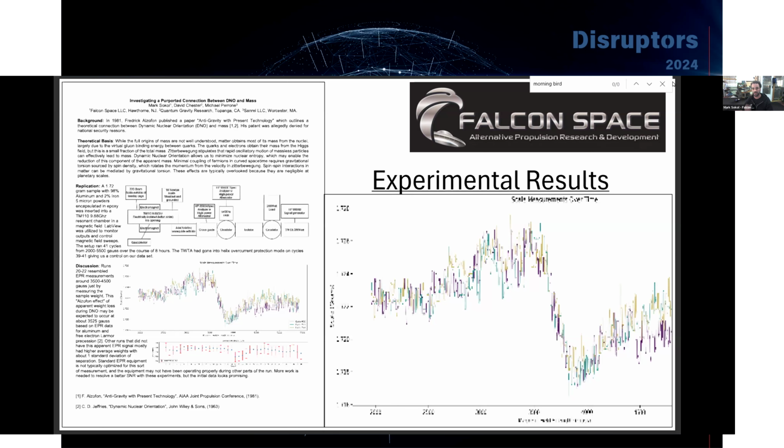That represents the weight of the sample over 3 consecutive runs superimposed on top of each other. So there's a clear signal being seen here. It's not very strong, about 0.75% of the total mass of the sample, and it's happening right around the Larmor frequency, or the gyromagnetic ratio. That's where this effect is expected to take place. So we're very excited about these results.